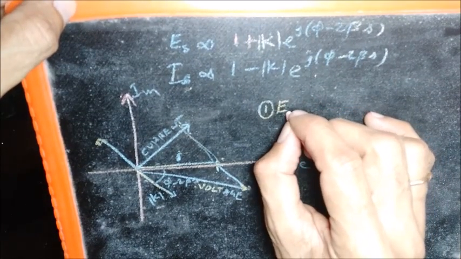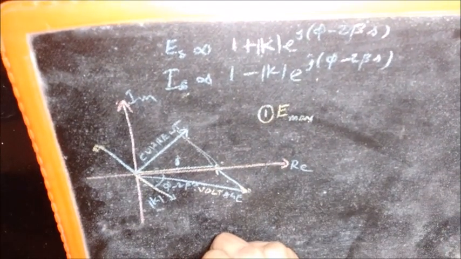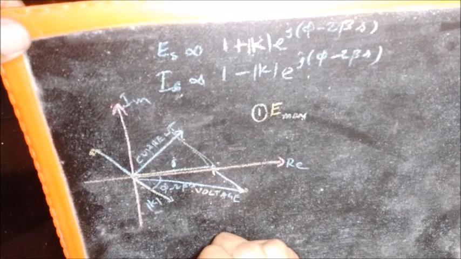Emax occurs when phi minus 2 beta s is 2 pi times an integer.